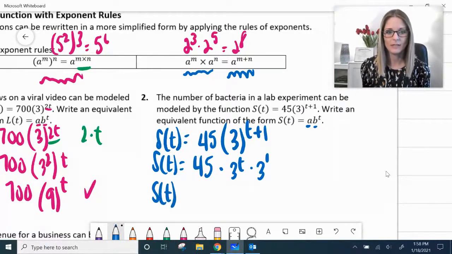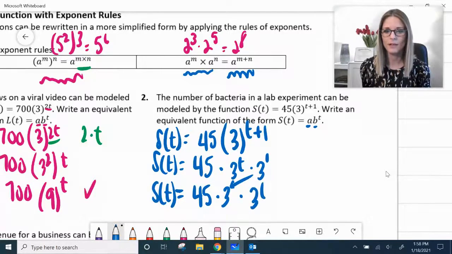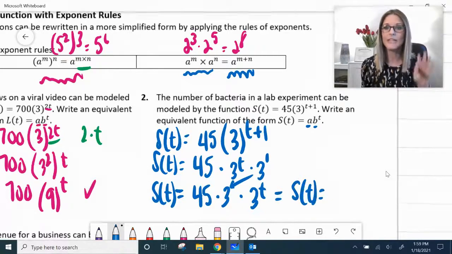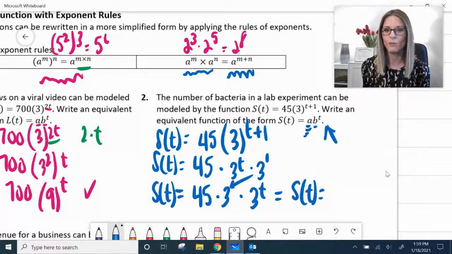So S of t, still have 45. I'm going to bring this over here first, 3 to the first, and just have 3. And then write 3 to the t. So it kind of starts to fall into our format. So I have S of t equals, I'm going to take the 45 and the 3 and actually multiply them, because the form that they want up here, I only get to have one A coefficient, a whole number coefficient.